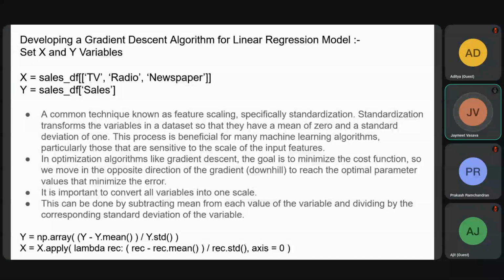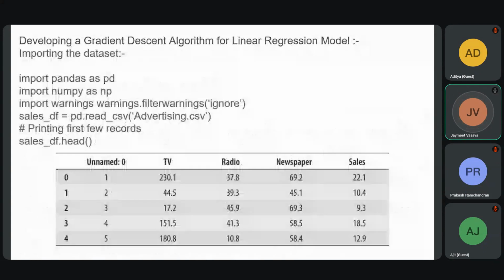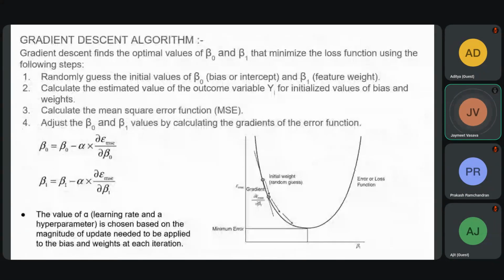This process is beneficial for many machine learning algorithms, particularly those that are sensitive to the scale of the input features. In optimization algorithms, in our case gradient descent, the goal is to minimize the cost function. So we move in the opposite direction of the gradient, which is downhill, to reach the optimal parameter values that minimize the error. Remember this graph, and we are trying to get to the minimum error.